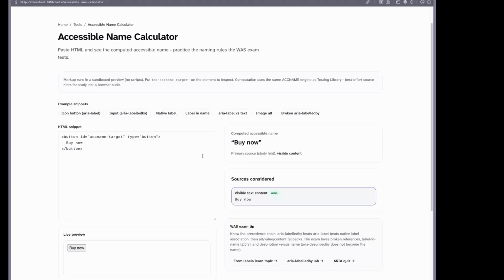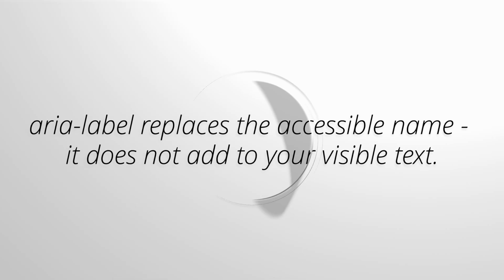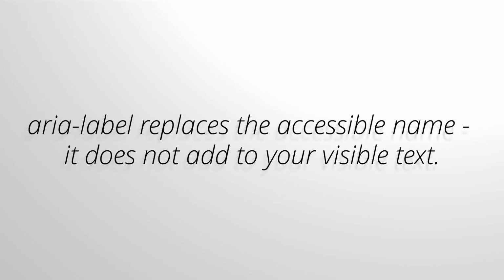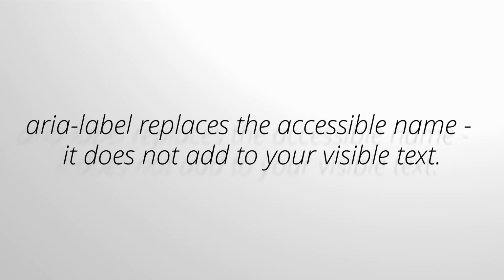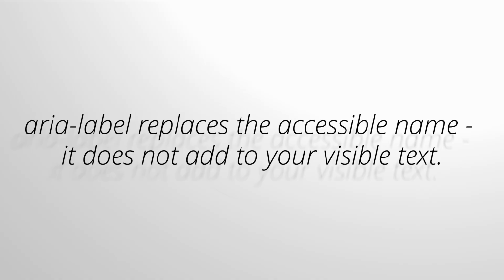That is the proof for this episode. Not a prettier attribute, but a name that contains the label people can see. Remember this line. Aria-label replaces the accessible name. It does not add to your visible text. When you read label in name criterion, or when you add aria-label for clarity, ask three questions.